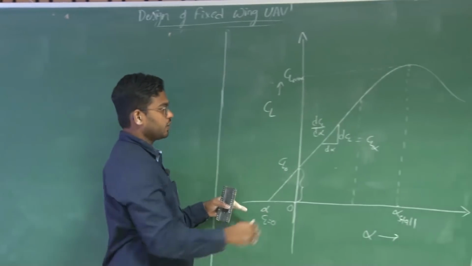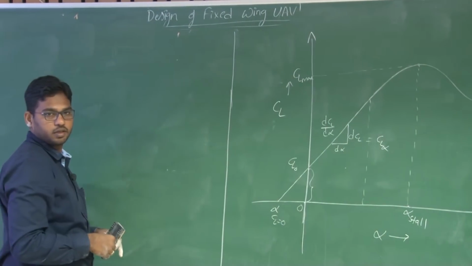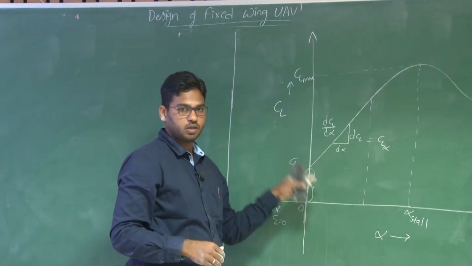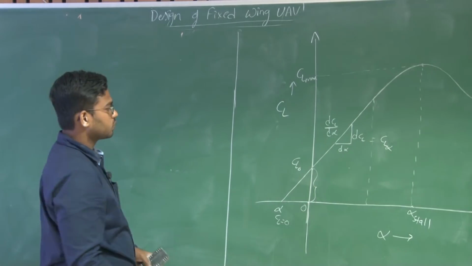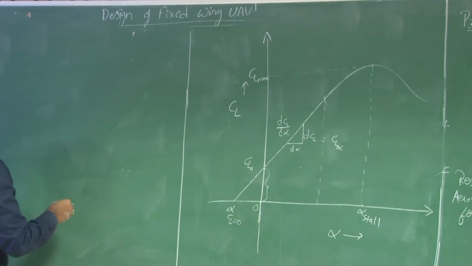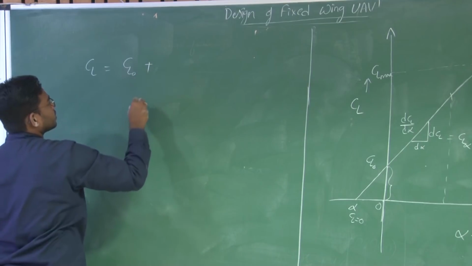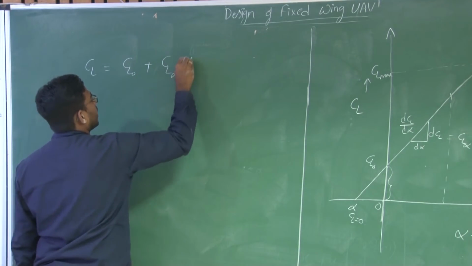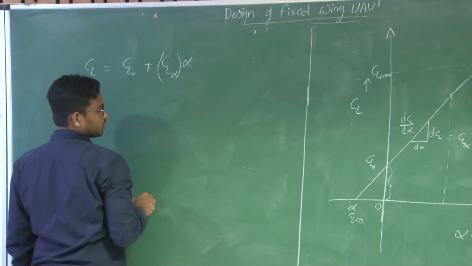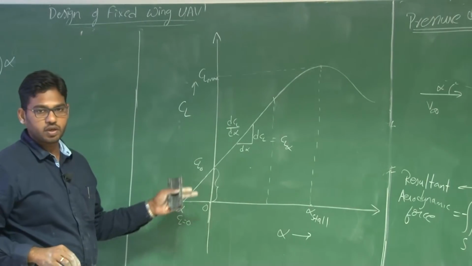Now in the linear region, if I have to write an equation for lift with the variation of angle of attack, since it's a linear curve up to a certain angle of attack, I can assume CL is equal to CL naught plus CL alpha times alpha. Since it's a straight line, y equals m x plus c.